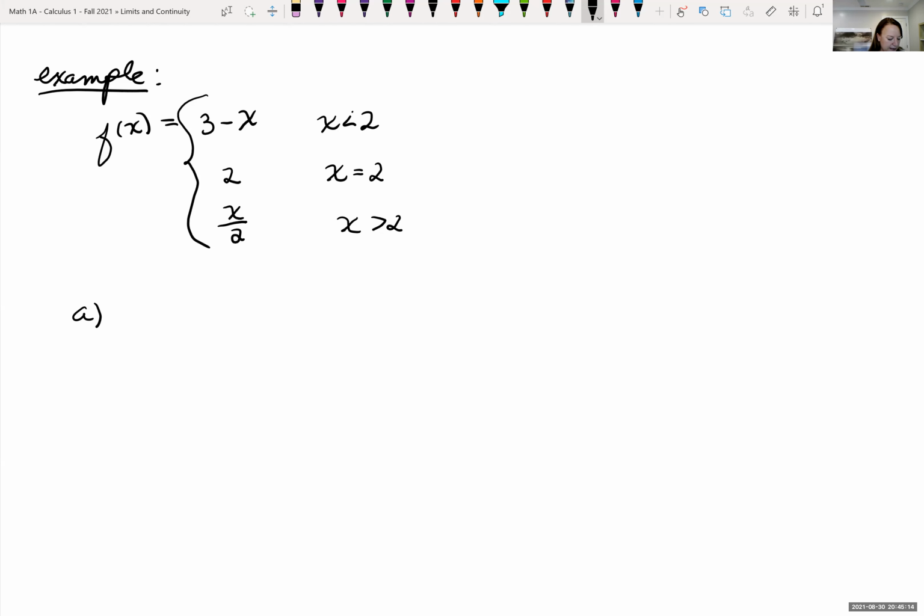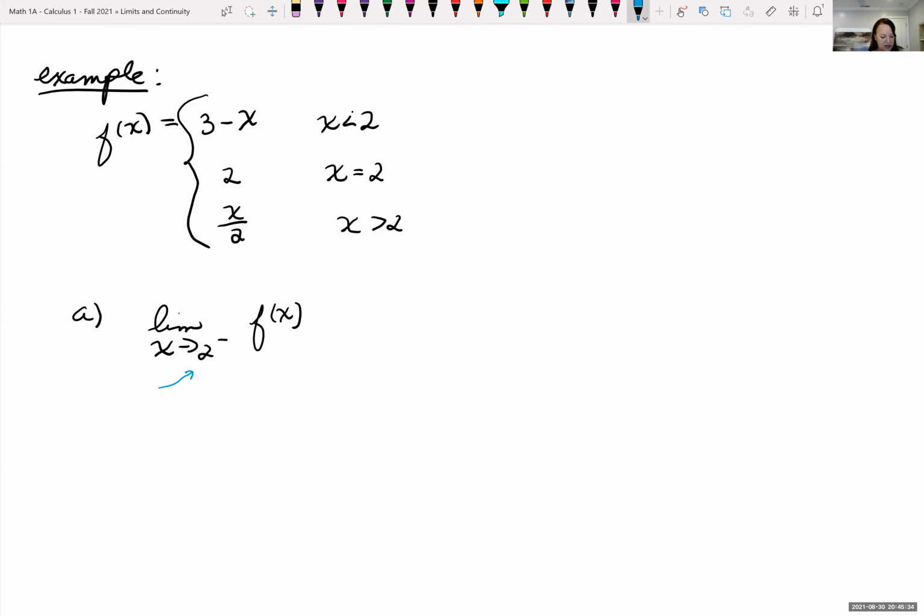And we want to look at the limit here as x is approaching 2 from the left of f of x. So let's think about which equation we're using. We can figure out which equation we're using by looking at what values of x we're plugging in.